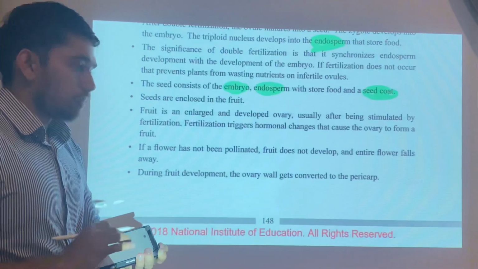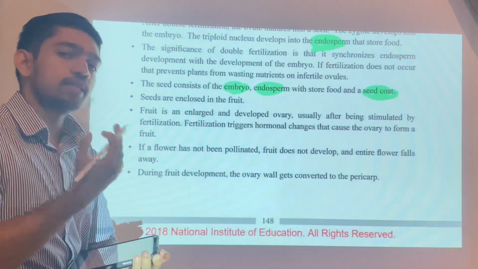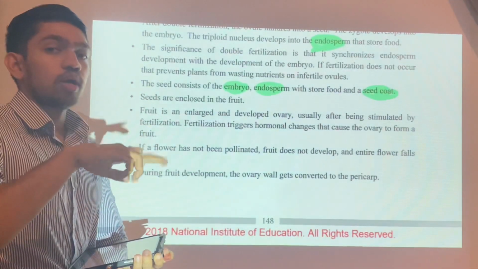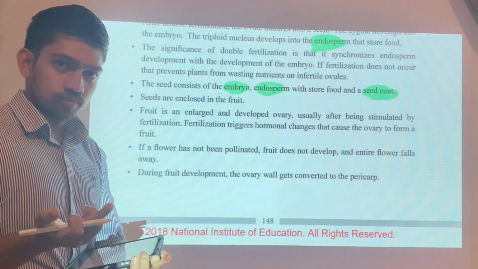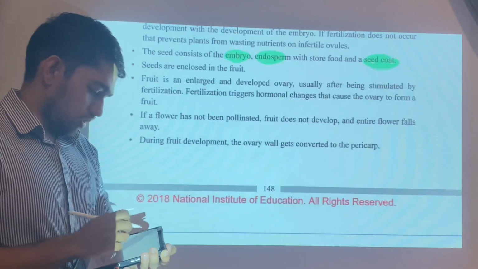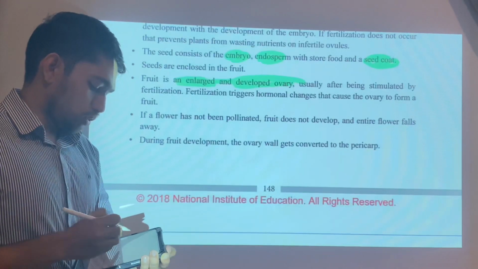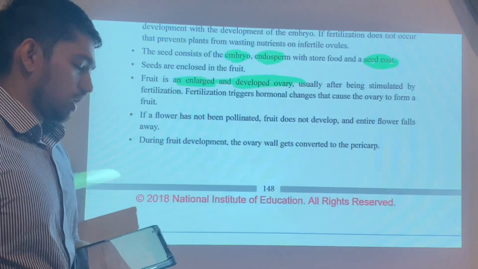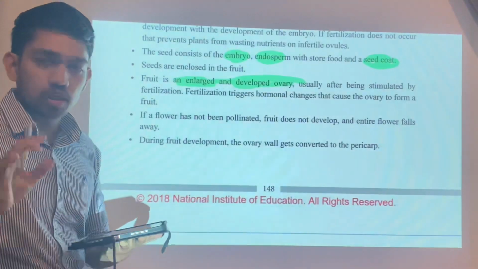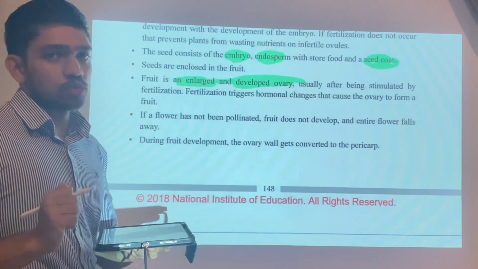But the unique feature of your flowering plants is your ovules and then the seeds are enclosed by an ovary. This ovary after fertilization becomes what? A fruit, right? So here it says a fruit is an enlarged and developed ovary, usually after being stimulated by fertilization. So your double fertilization acts as an indicator or a signal for the ovary into fruit development as well.